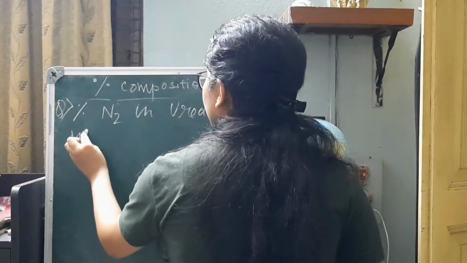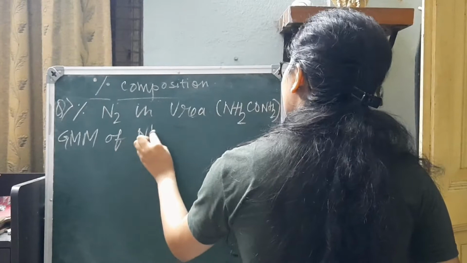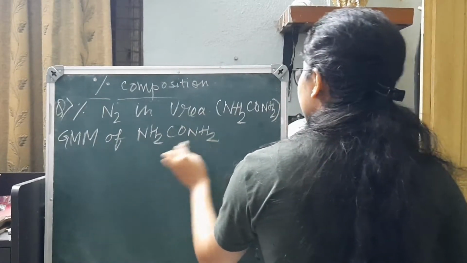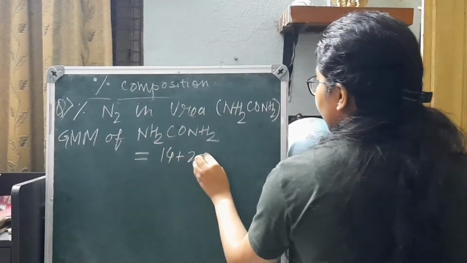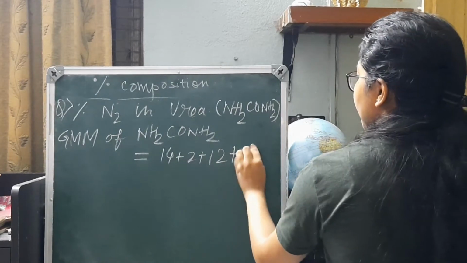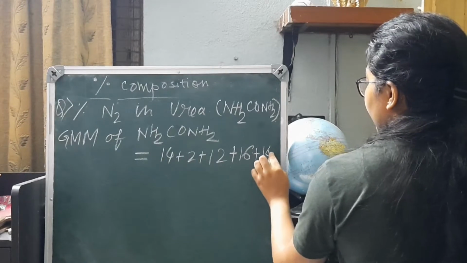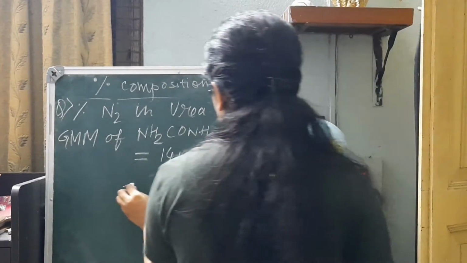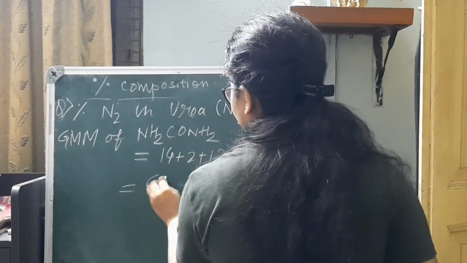So GMM of NH2CONH2 is 14 plus 2 plus 12 plus 16 plus 14 plus 2. Upon calculation, it will be 60 grams.